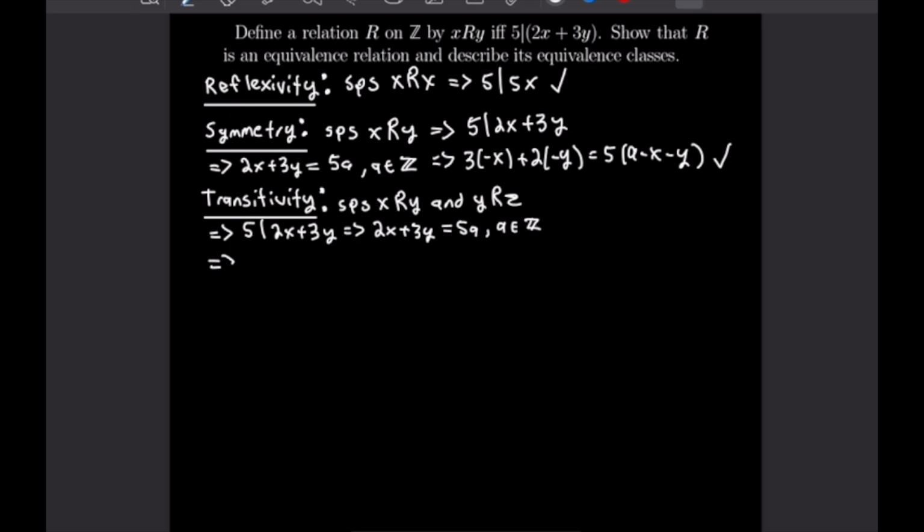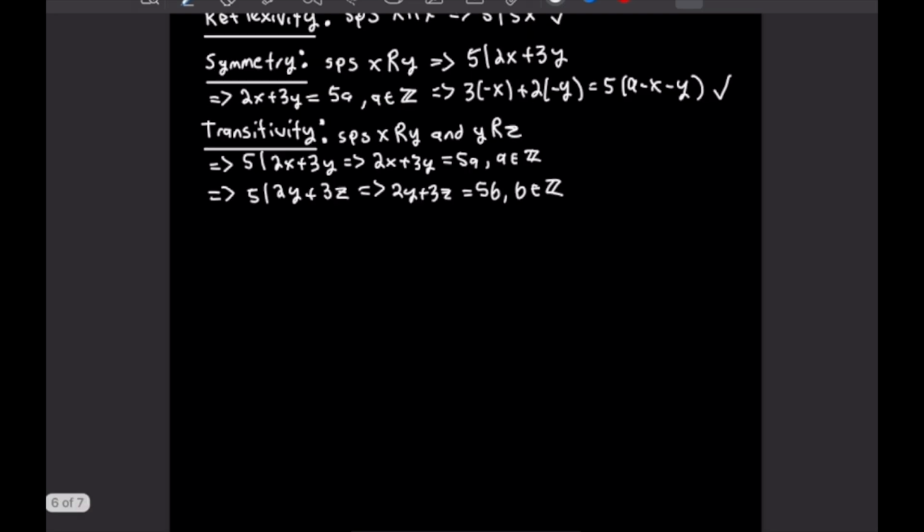And we have also that 5 will divide 2y plus 3z, where 2y plus 3z is equal to 5b for some integer b. Great. And so we want to show that 2x plus 3z will be divisible by 5.